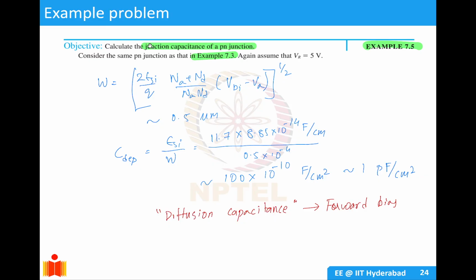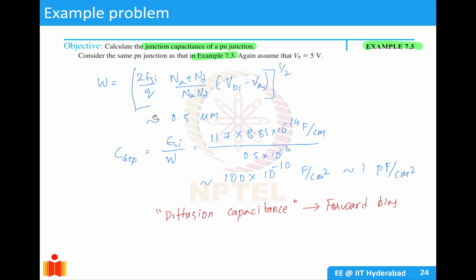Question: calculate the junction capacitance of a PN junction. Take the same junction as in the previous question, assuming VR equals 5 volts. If you solve for 2 epsilon Si by q, Na plus Nd upon Na Nd, Vbi minus Va, to the power half, where instead of minus Va you take plus 5, it will be Vbi plus 5 volts.